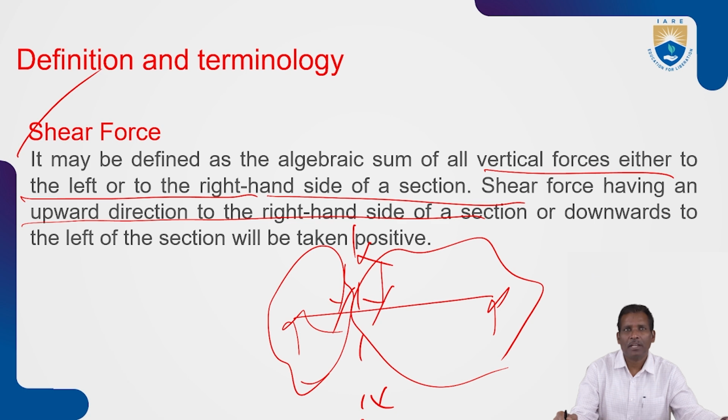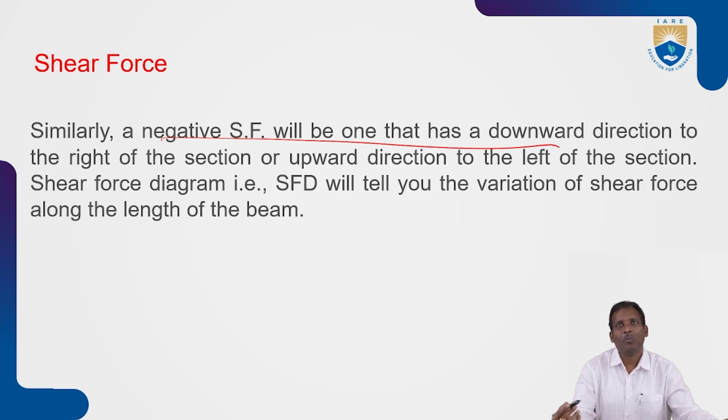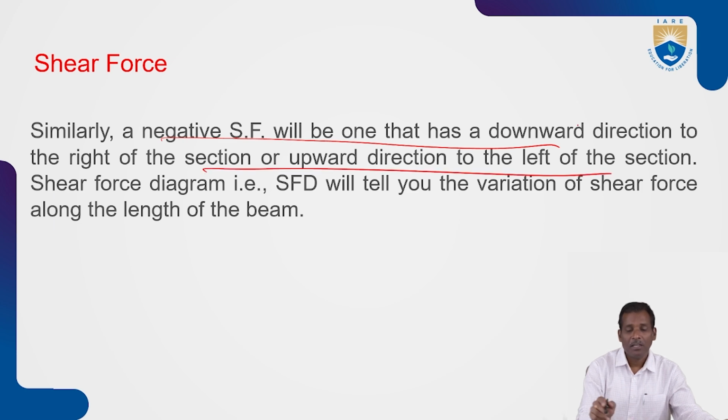Downwards to the left of the section will be taken positive and upward is negative. Similarly, the negative shear force is one with a downward direction to the right of the section or an upward direction to the left of the section. This sign convention is also very important while solving problems.